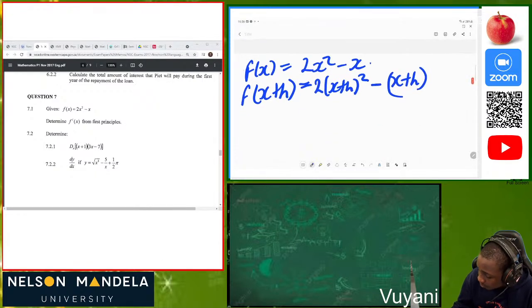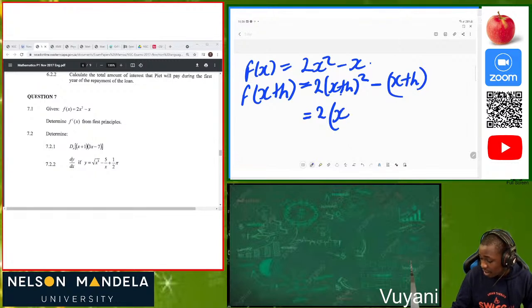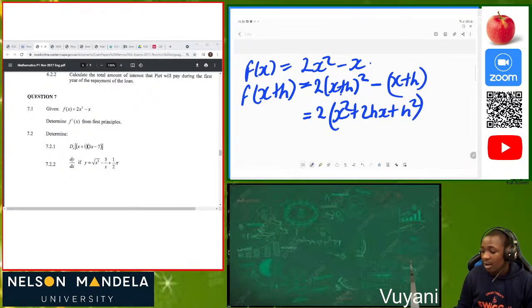Now let's solve it. By opening the bracket, you're going to have x squared plus 2hx plus h squared. You expand that bracket. I know you know that from solving for x. That's x plus h squared, you just expand the bracket and have x squared plus 2hx plus h squared.